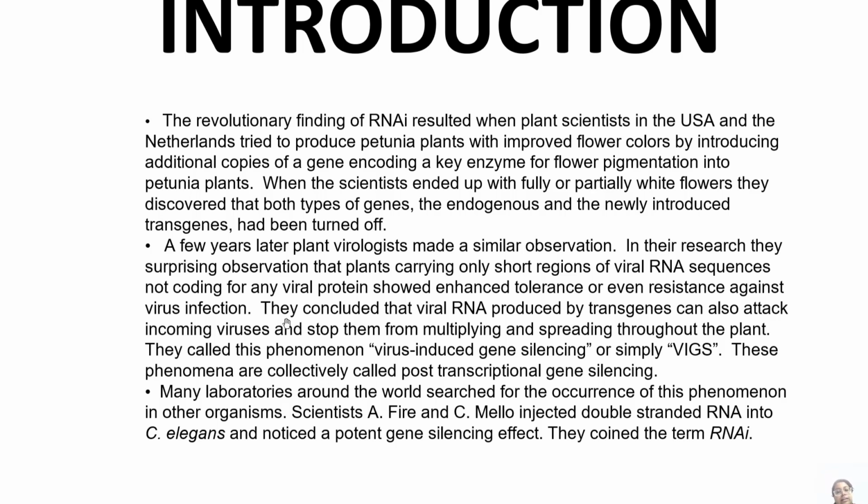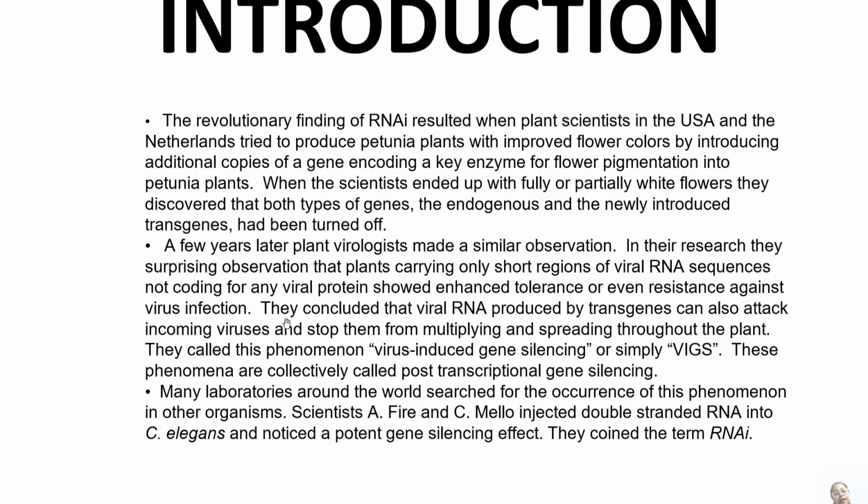So they concluded that viral RNA produced by transgenes can also attack incoming viruses and stop them from multiplying and spreading throughout the plant. They call this phenomenon virus-induced gene silencing, or simply VIGS. These phenomena are collectively called post-transcriptional gene silencing, and many laboratories around the world searched for the occurrence of this phenomenon in other organisms.